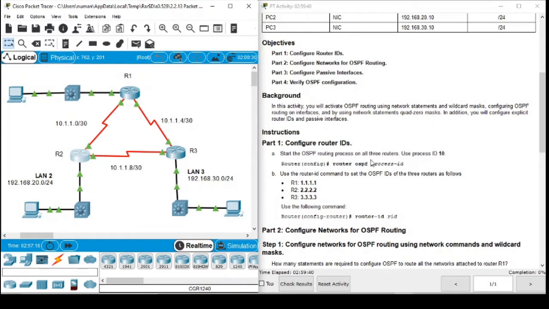We first have to configure the OSPF routing process on all three routers, and you know that for the process we can choose any number between 1 and 65,535. If you have any doubt, go back and listen to the video lecture for module 1 of OSPF, in which I clearly define the purpose of the process number.